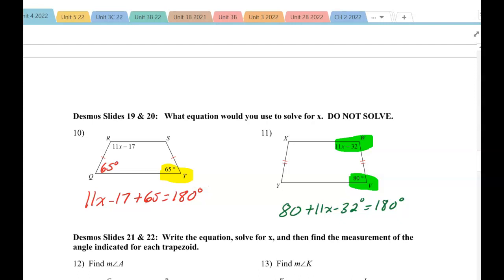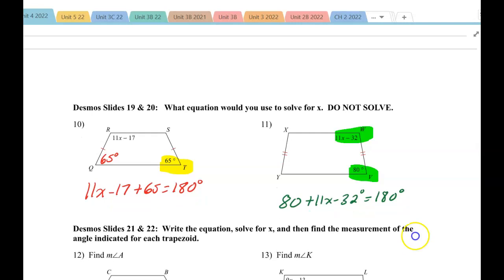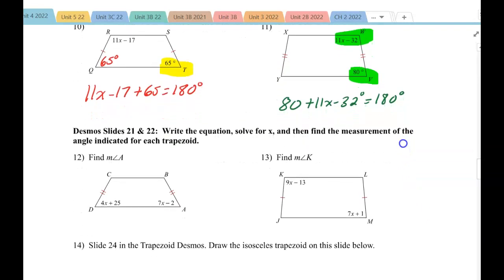So these two problems review the properties of a trapezoid. Now let's take a look at 12 and 13. Because this is an isosceles trapezoid, in problem 12, these two angles are base angles, so they are congruent. So I would say 4x plus 25 is equal to 7x minus 2.